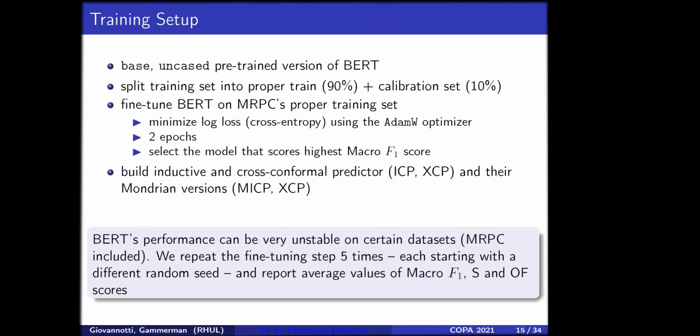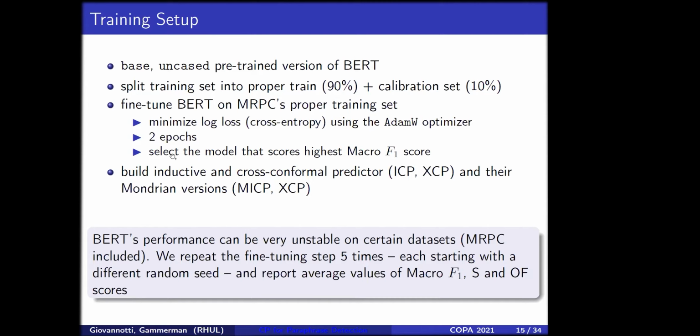Yeah, so in our training setup, we are using the base version of BERT, and we will also further split the training set into a proper train set, 90% of the training set, and we'll set apart 10% for calibration. Then we will fine-tune BERT on the proper training set for 2 epochs and select the model that scores best on the validation split.